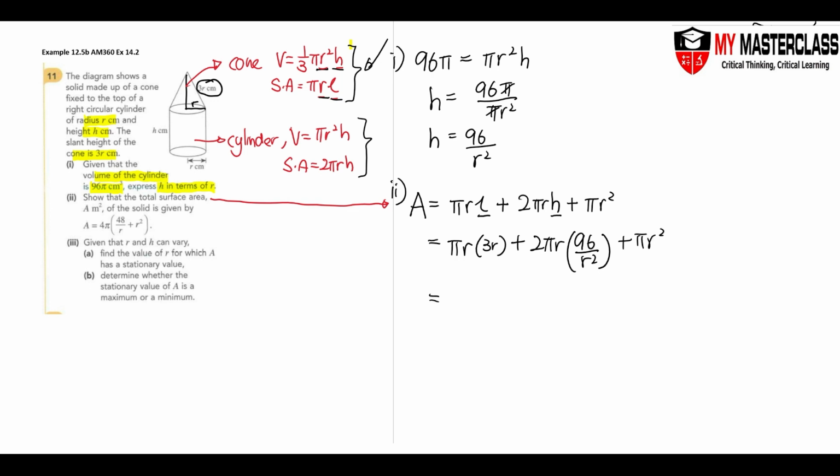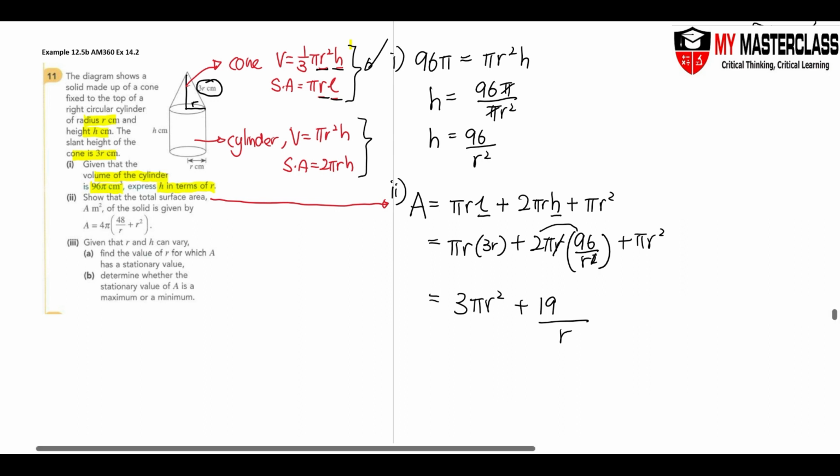Expand everything. This is 3πr² plus 2 times 96 is, sorry, 192π over r, because this r and this r will cancel.